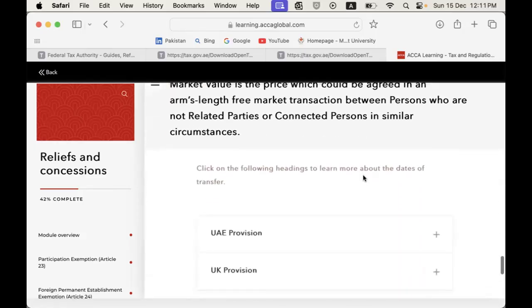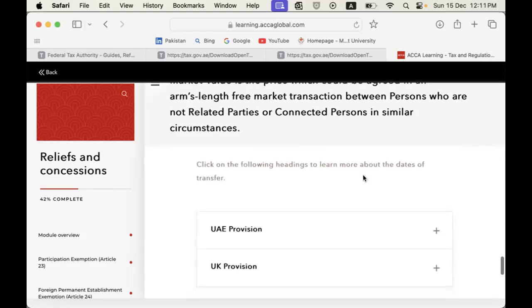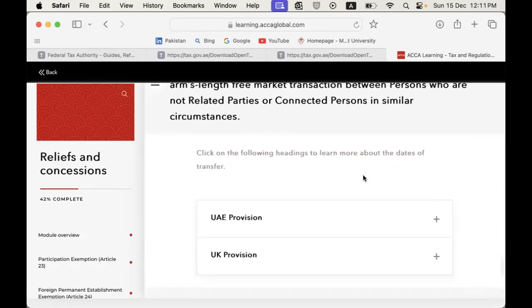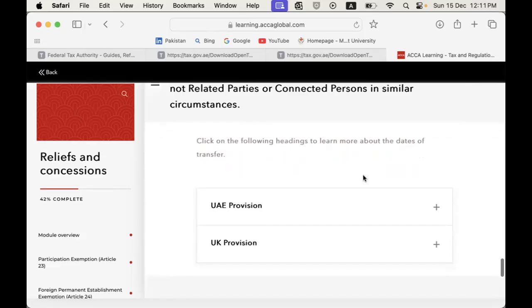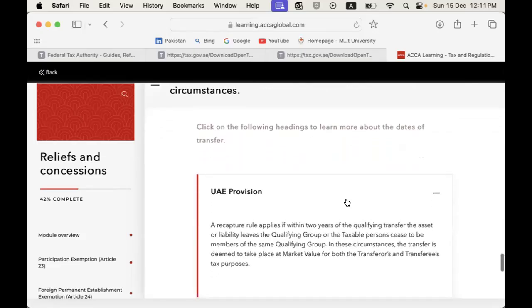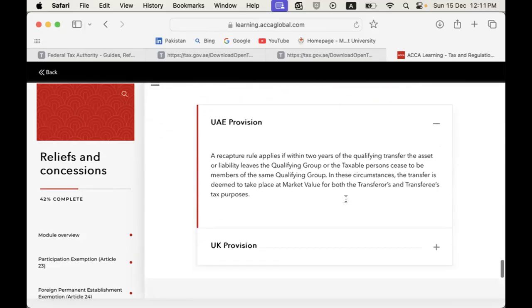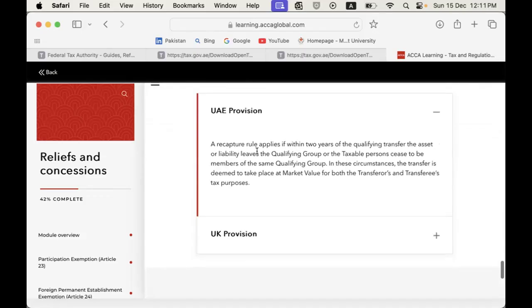Market value is the price which can be agreed in an arm's length free market transaction between persons who are not related parties or connected persons in similar circumstances. A recapture rule applies, recapture or clawback, also you might call it, applies if within 2 years of the qualifying transfer, the asset or liability leaves the qualifying group. So, recapture rule will apply.